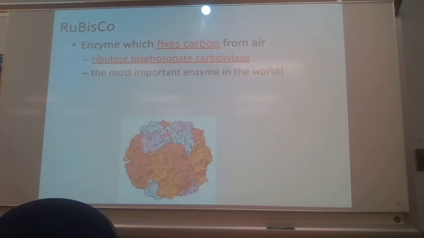Every enzyme is important, but this is arguably the most important enzyme in the world, because without Rubisco, we couldn't do photosynthesis. Without photosynthesis, most organisms wouldn't be able to survive.